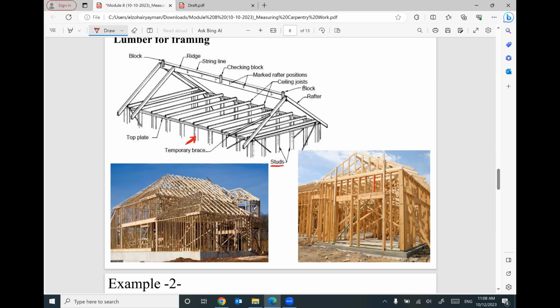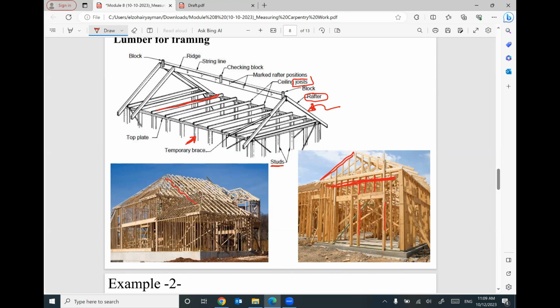All of these vertical elements are called studs. This lumber is also used as joists. They are not seen from here, but we have a horizontal member like this one. This piece is called joist. We have this inclined lumber in a sloped direction called rafter. This one is called rafter. This one is called rafter.